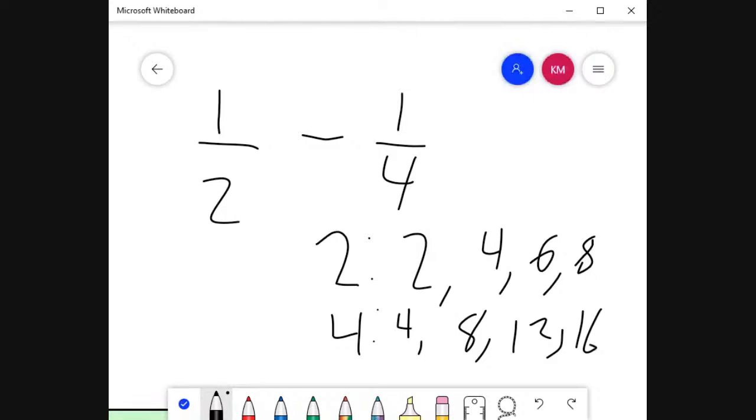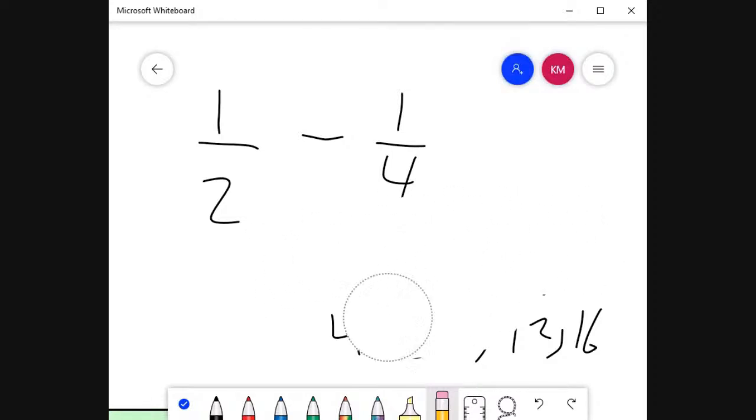The least or smallest number between 2 and 4, of course, is 4. So now that I know the least common multiple between 2 and 4, I will use that to start my new fractions.